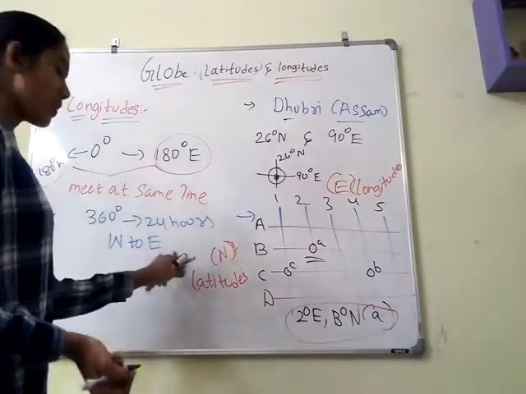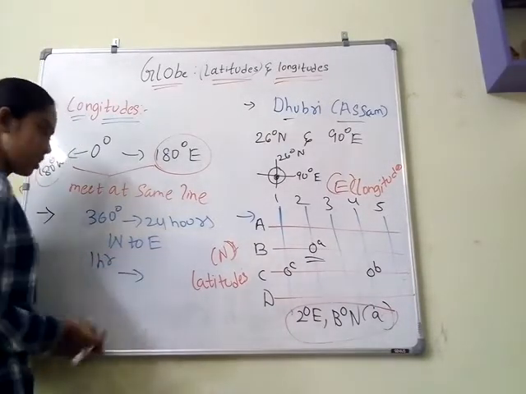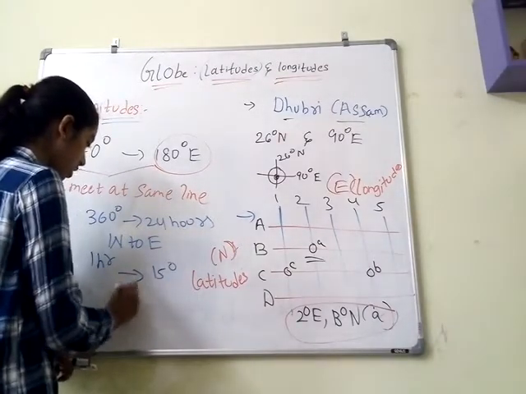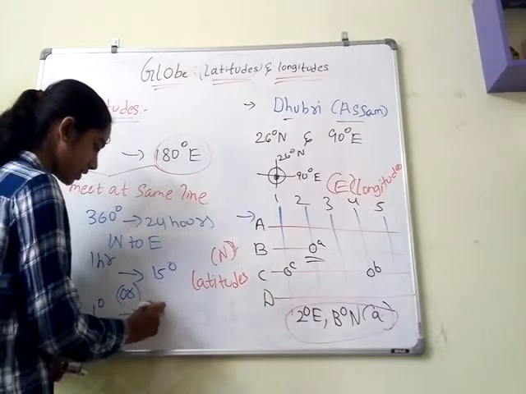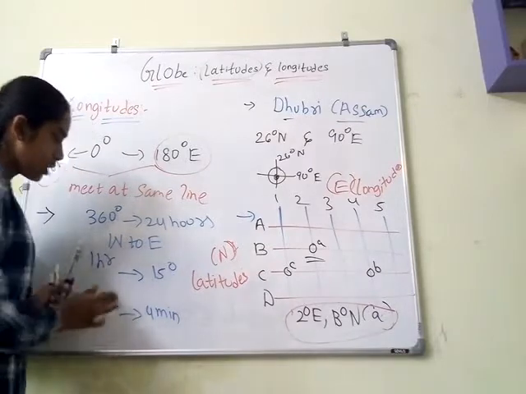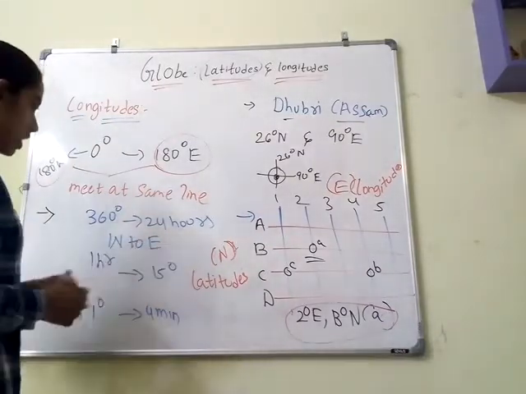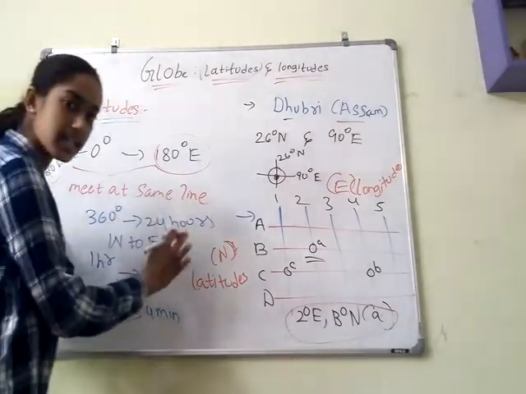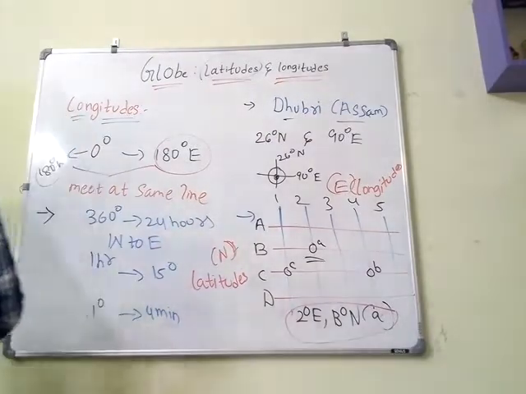So 360 degrees in 24 hours means for 1 hour, how many degrees? 15 degrees, or 1 degree in 4 minutes. Here don't get confused. You can see 360 degrees, 24 hours. That means the calculation will be like this: we have 360 degrees in 24 hours, right?